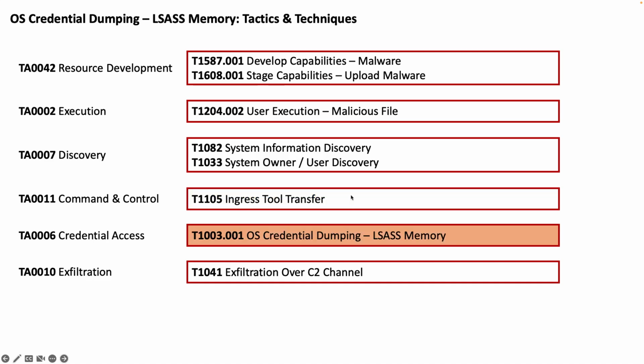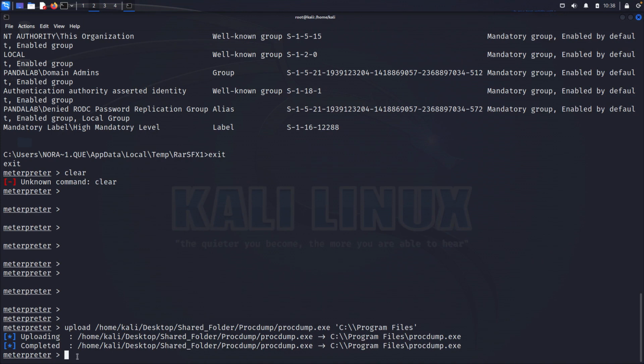So we are going to our Kali Linux machine again, and we will execute the Procdump tool by using the Meterpreter execute command. So we will need to run execute, and we need to specify the file in our victim's machine with a -f parameter.